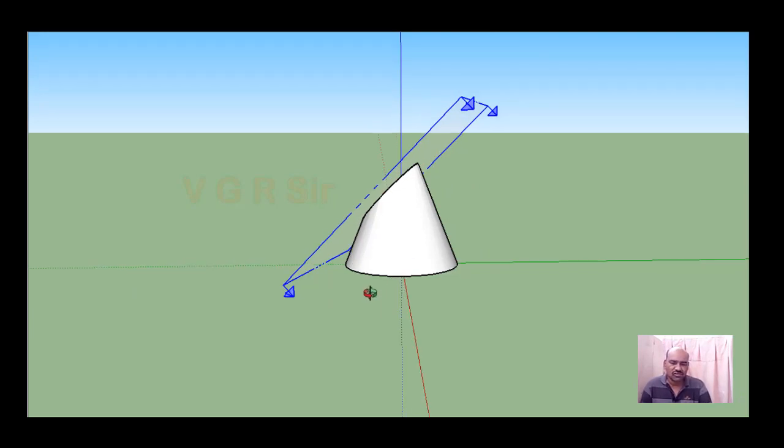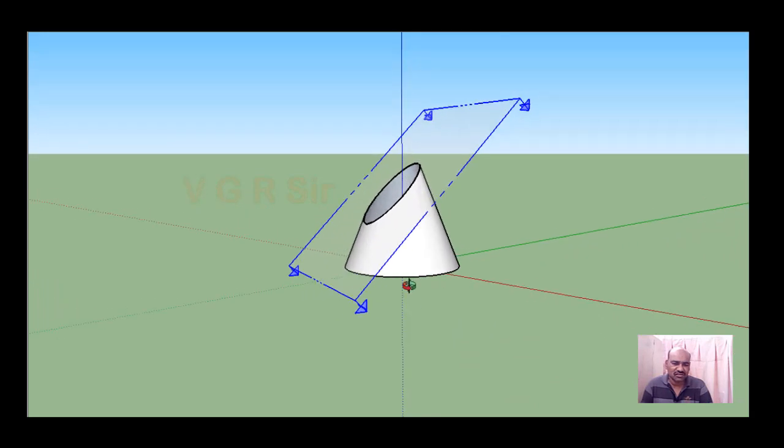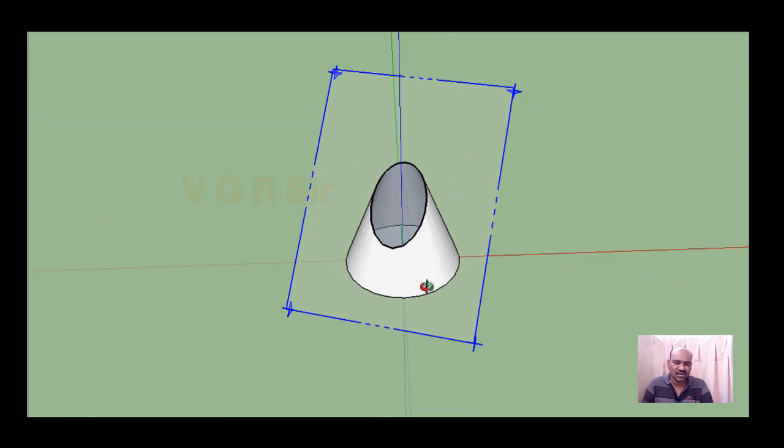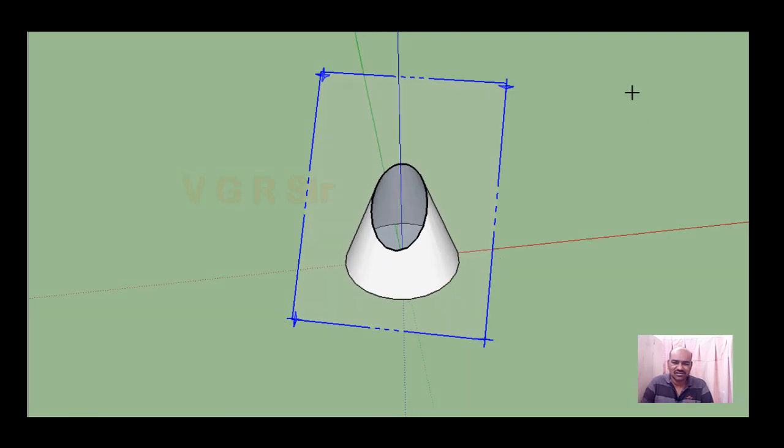Observe students, this is one of the cross sections of a cone. In this case the 2D figure formed by the cone is just like an ellipse. So the figure so generated is called an ellipse.